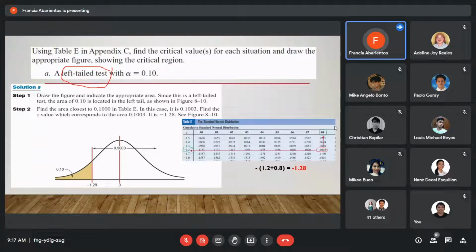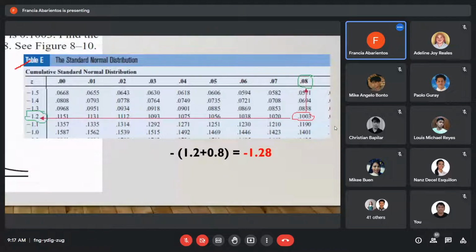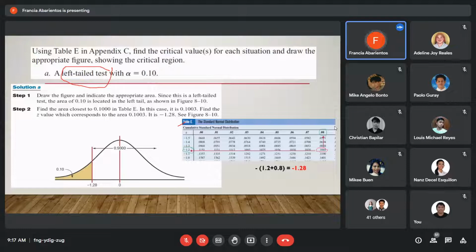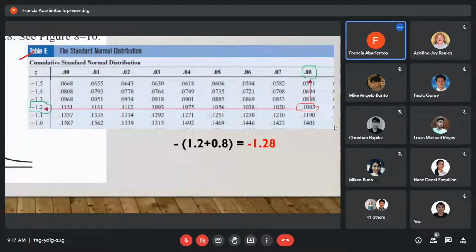Hanapin nyo siya on the table E. Specific to table E. Yan o. Dito na siya. Table E, hahanapin mo na yung specific value. Ayan. Sa table E. So, ano yung hahanapin mo?